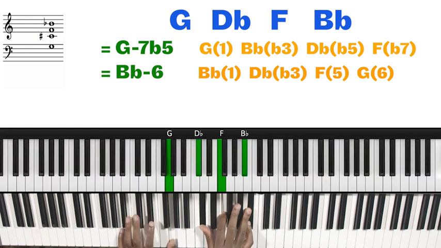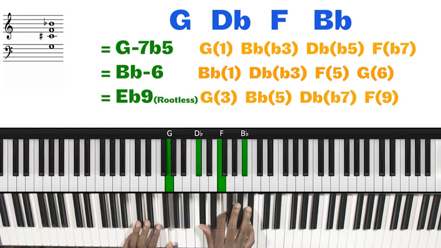We can also call it an E flat 9, just rootless, right? If we have an E flat in the bass, the G becomes the 3rd, the 5th is the B flat, the flat 7 is the D flat, and the F is the 9.